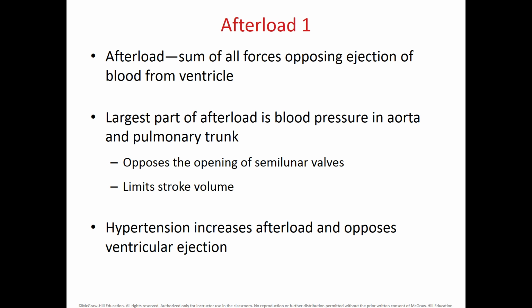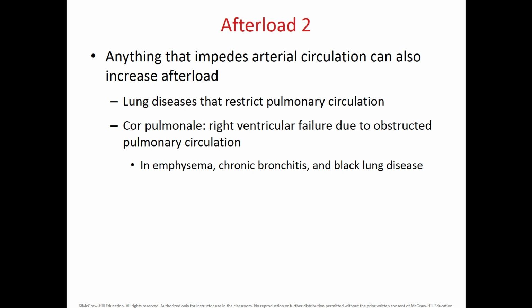Afterload is the sum of all forces opposing ejection of blood from the ventricle. It is basically the sum of all the resistance within the arterioles in our circulatory system, and that can lead to hypertension, which is a force that opposes blood flow or ventricular ejection.